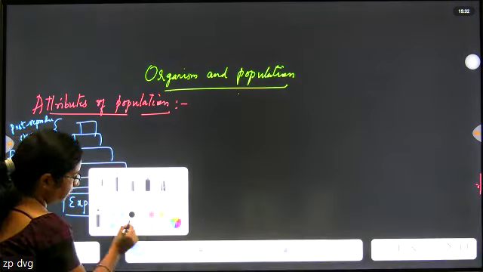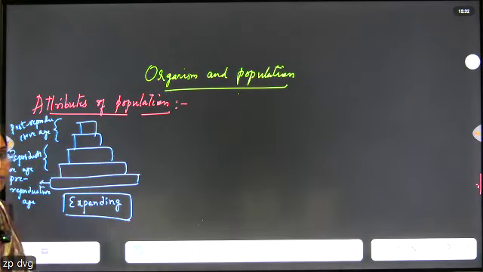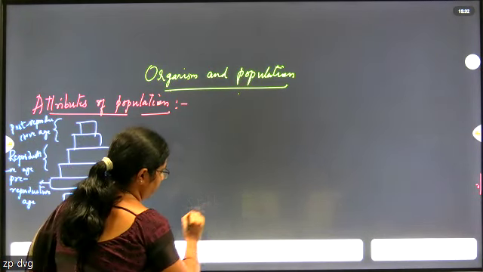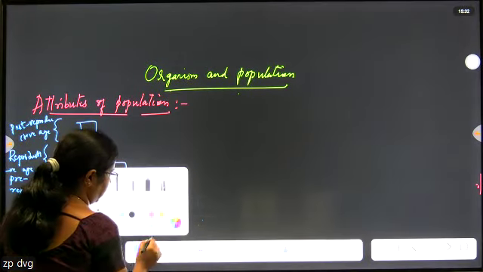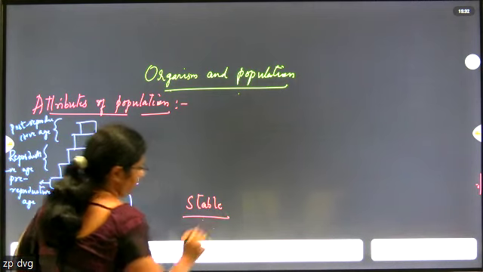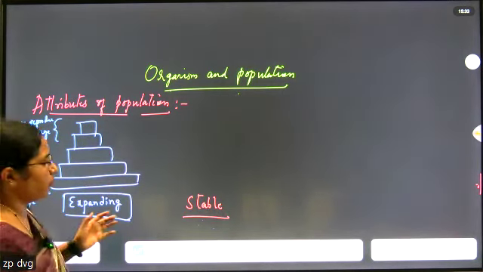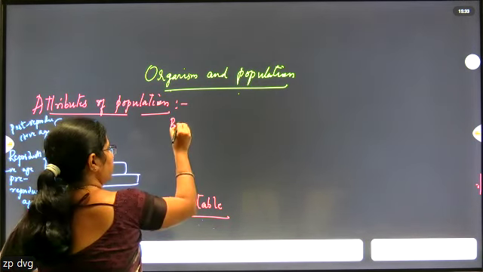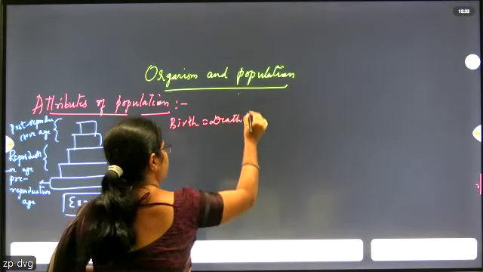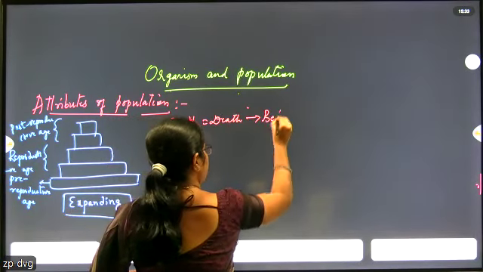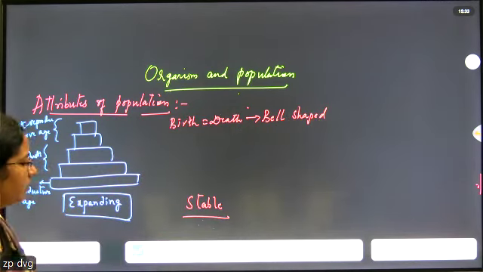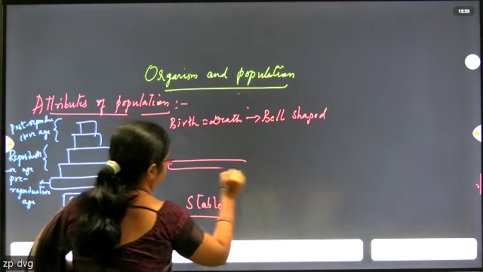Whenever we look at the second type, we can call it a stable population. In the second type of age composition pyramid, both birth and death rates are equal, birth rate is always equal to death rate. So that gives a well shaped graphical representation, in a manner like this.